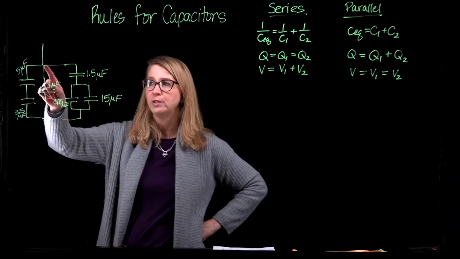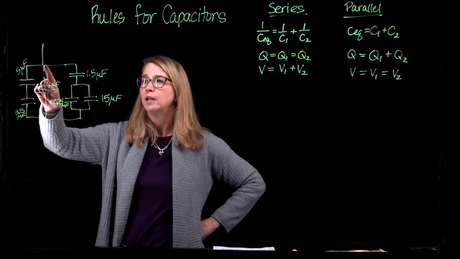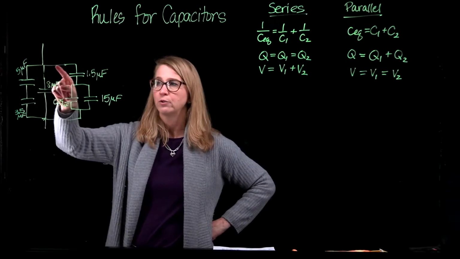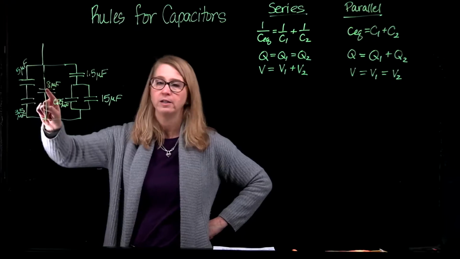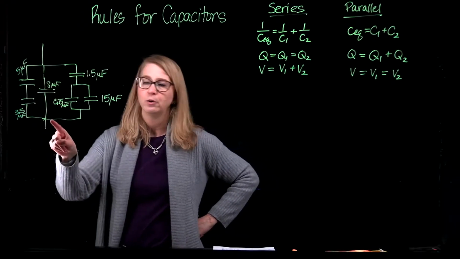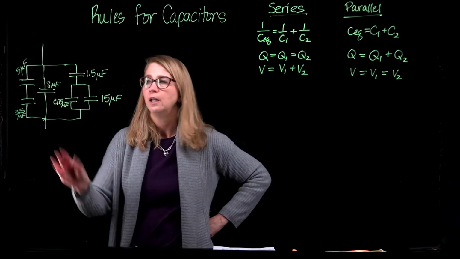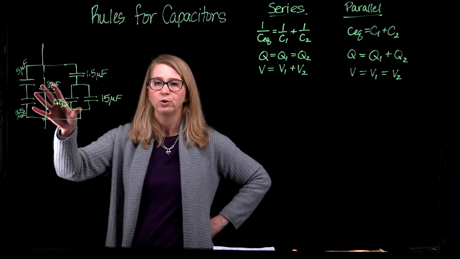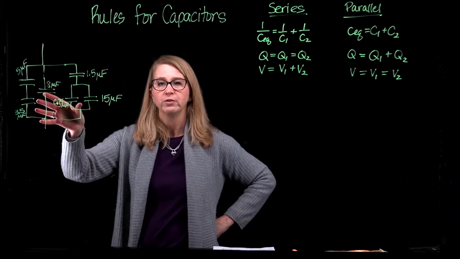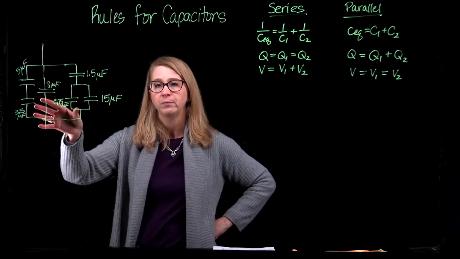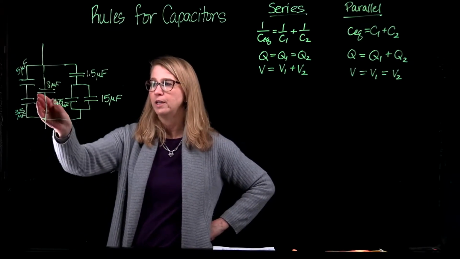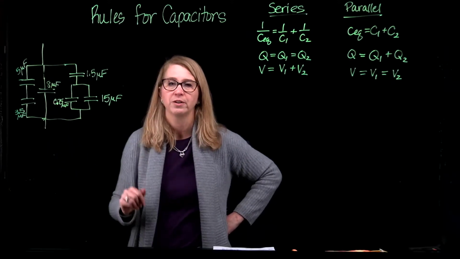Right here the wire goes in three different directions. It goes over to this side, and down through the middle. Notice at the bottom, the wires come back together and join. So between those two points, we have three branches that are in parallel with each other. This is in parallel with this, which is in parallel with this.